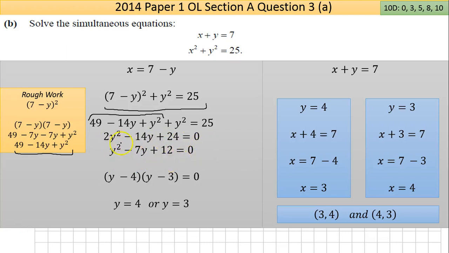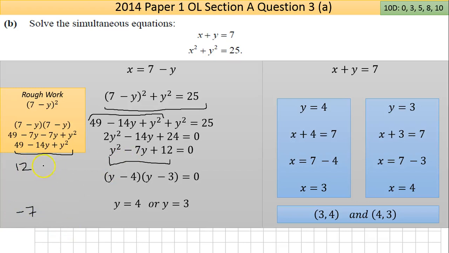Literally I divided: 2 into 2 goes once, 2 into minus 14 goes minus 7 times, 2 into 24 goes 12 times, 2 into 0 goes 0 times. I now solve this using the fast method. I'm looking for two numbers that will multiply to give plus 12, but will add to give minus 7.